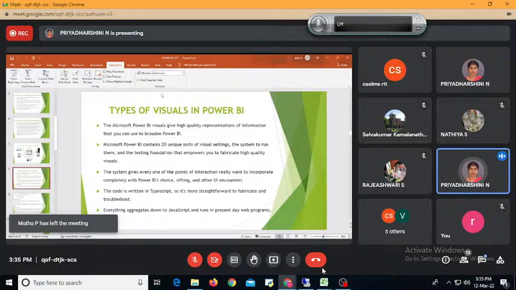They want people to analyze the data, finalize things, and decide the next step with the analyzed data. Suppose many people are purchasing a particular item on a regular basis, they need to know where it is available, how it is available, and what we can do to enhance the business. Those kinds of things are very easily done using Power BI.